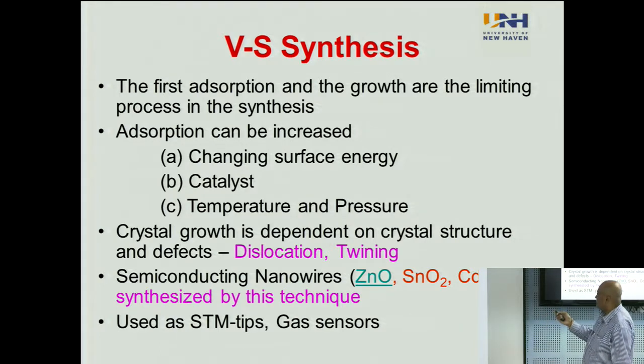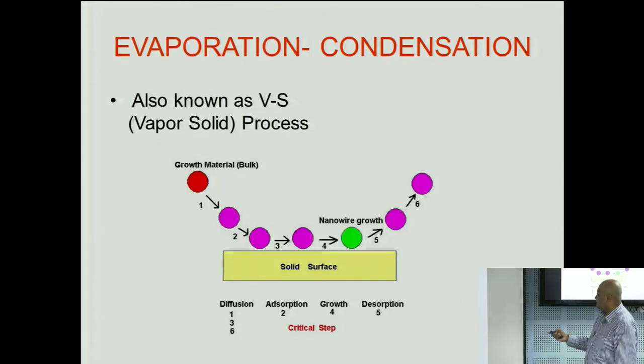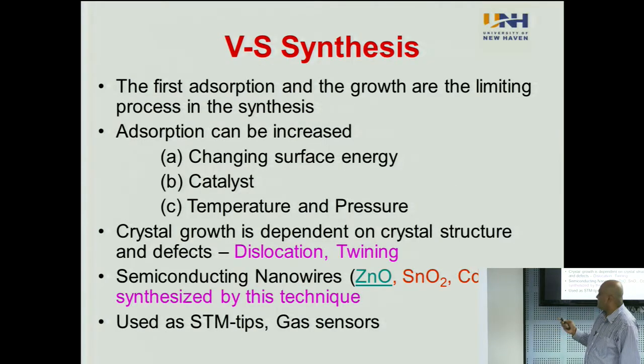We talk about the vapor-solid synthesis. Here what you need first is very good adsorption. On this substrate, how would you like your material to be adsorbed? Adsorbed means it gets only on the surface of the material. To promote adsorption, you can put in a catalyst, and you can play with the temperature and pressure.